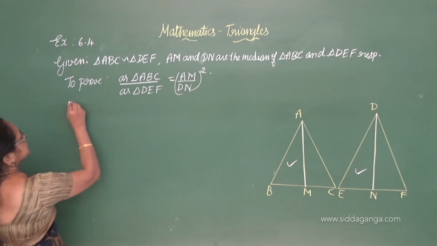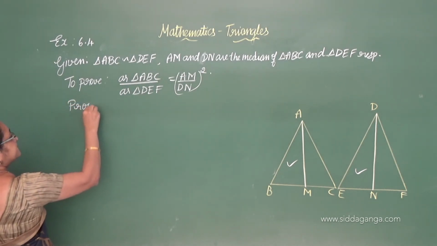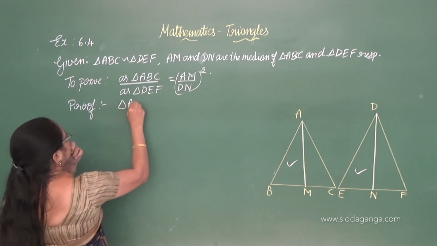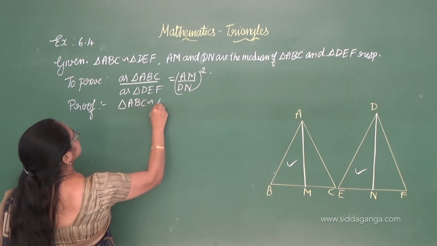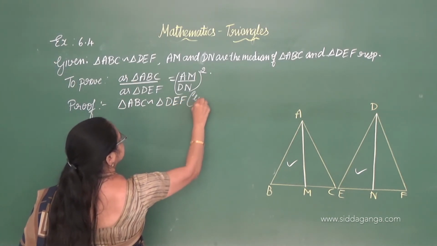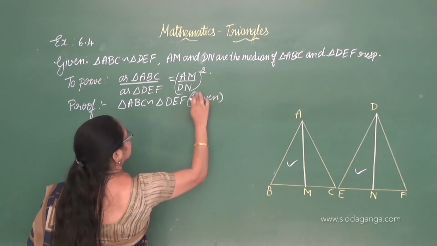So now let us write proof. Triangle ABC is similar to triangle DEF. It is given. Okay, given.